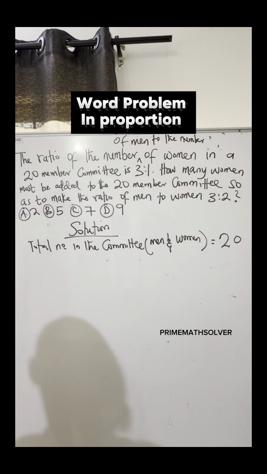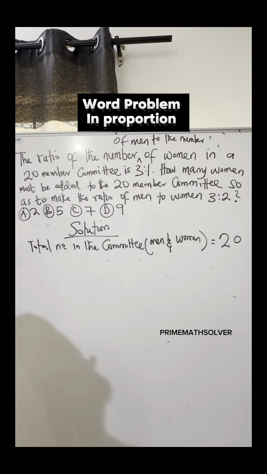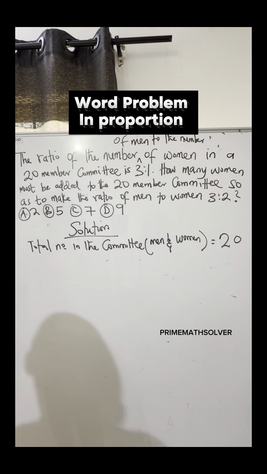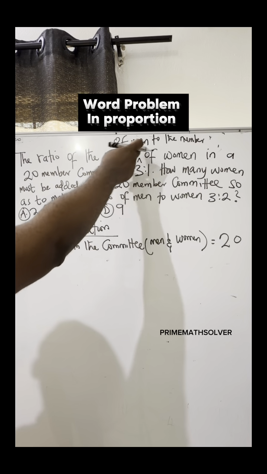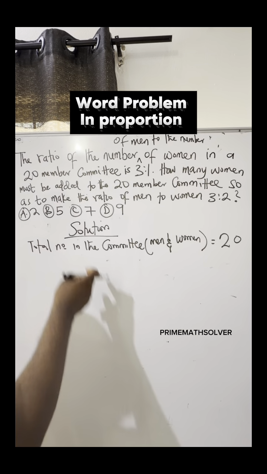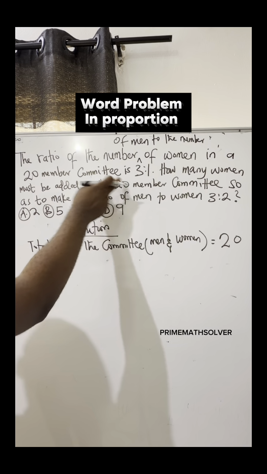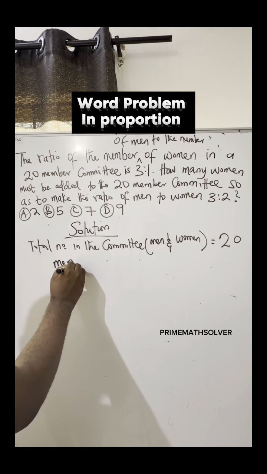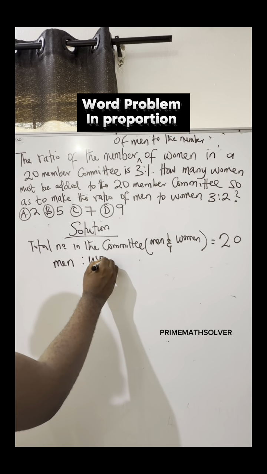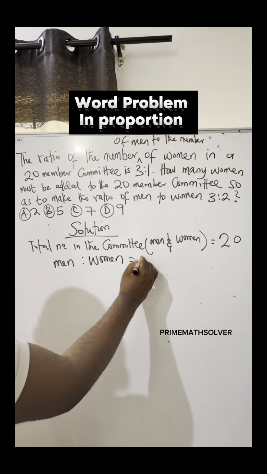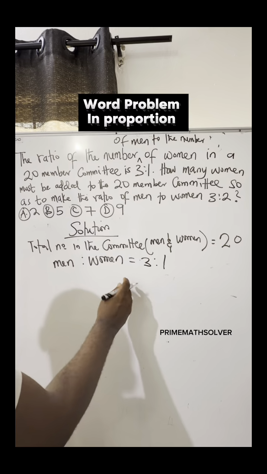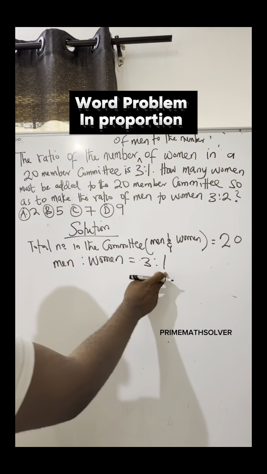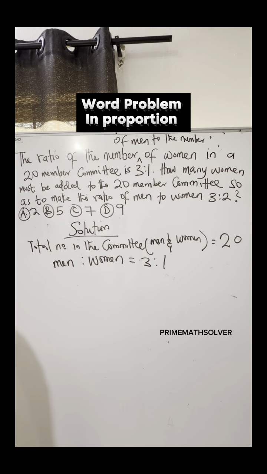Right? Listen, the ratio of men to the number of women is 3:1. So 3 goes for men, 1 goes for the women.